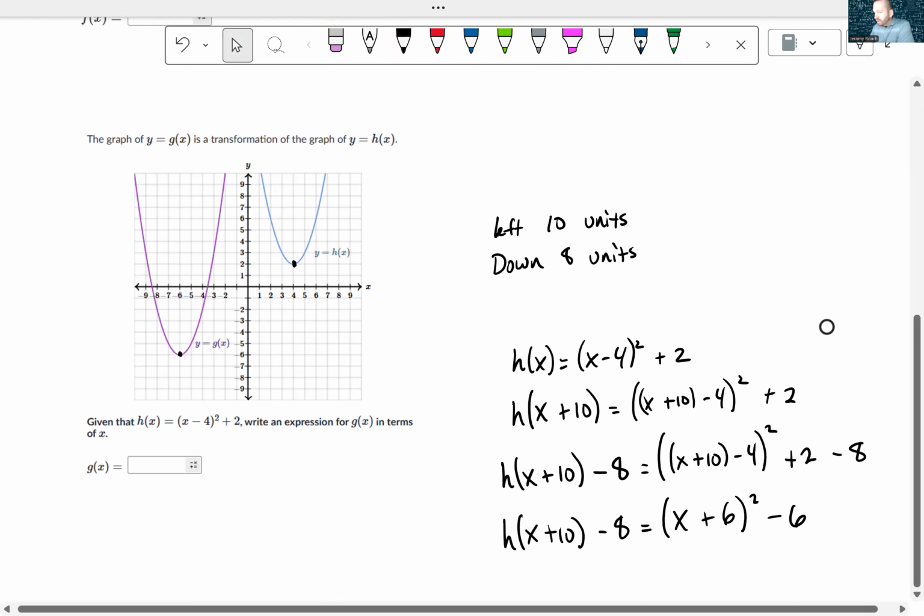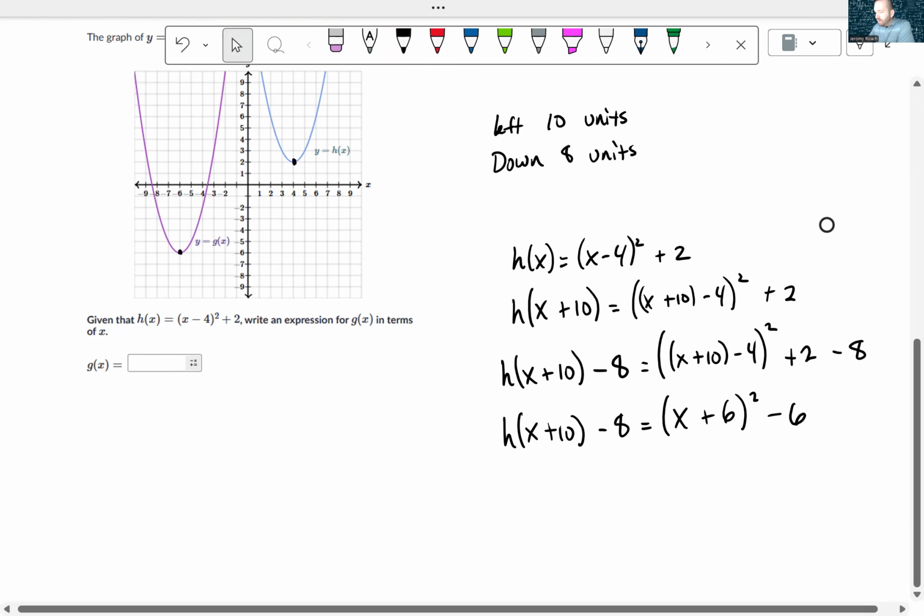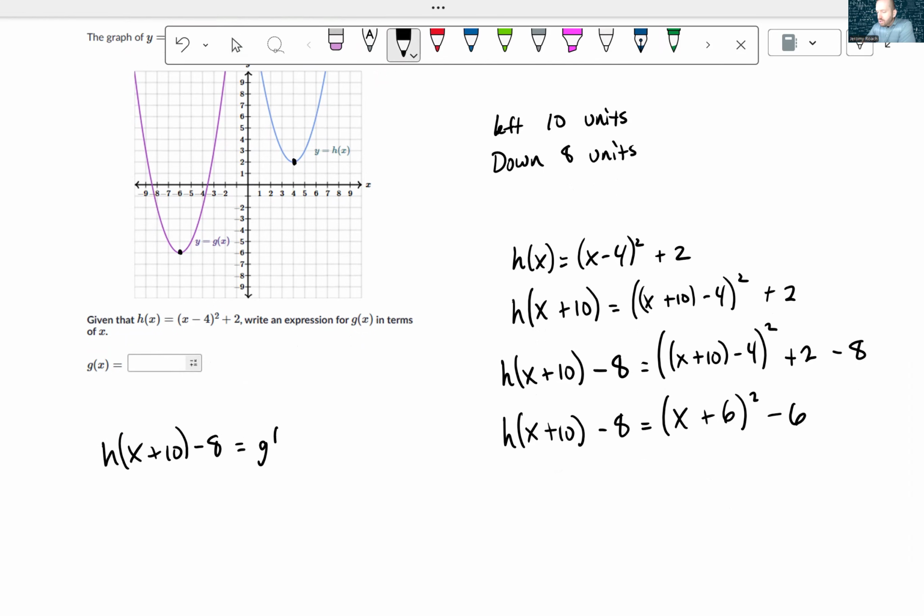Now, what we're saying is that h of x plus 10 minus 8 is equal to g of x. And so we just found that g of x equals that. And so that would be our answer for what g of x is.